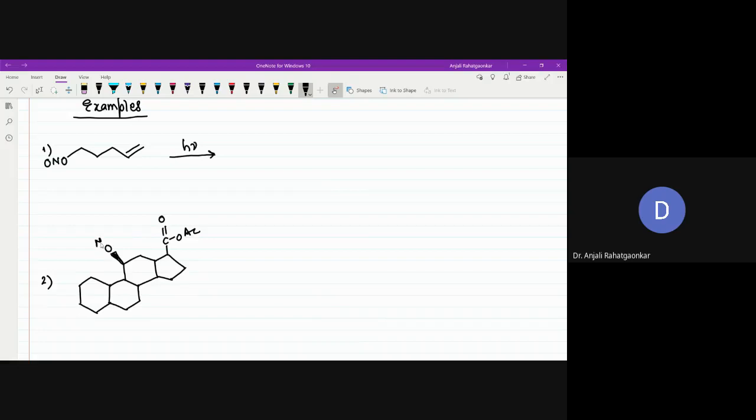अब ये है आपका रिएक्शन सेंटर. ऑलराइट, इसको मैं थोड़ा ठीक से लिखती हूँ.